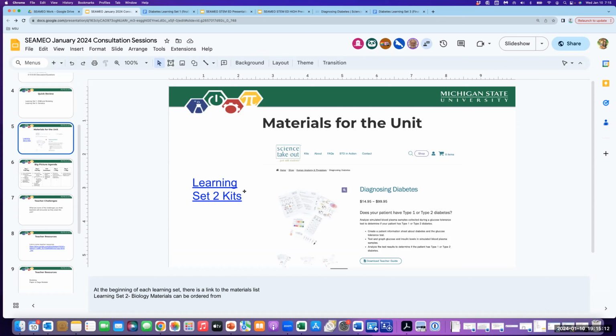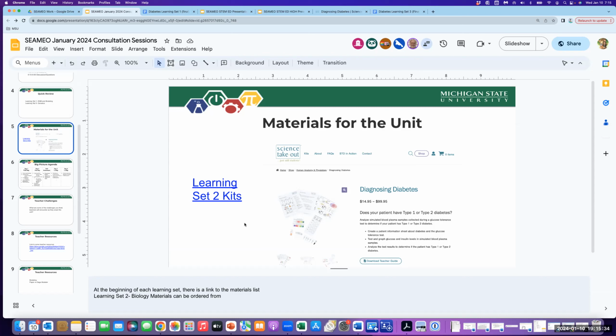The only material that is missing, that is a big part of the unit, is this science takeout kit, where students in learning set 2 are thinking about how to detect type 1 versus type 2 diabetes, and where students learn the biology of diabetes.